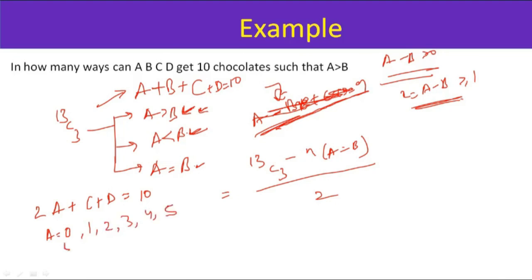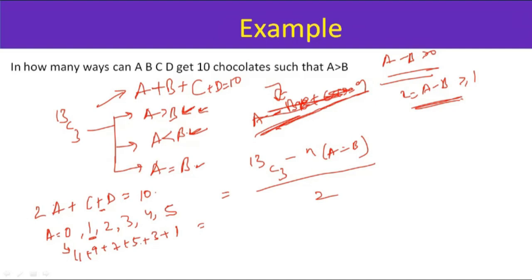Now individually, when A is 0, C plus D equals 10, the answer is 10 plus 1, 11C1, so it is 11 only. Similarly, when A is 1, this is 10 minus 2, 8, 8 plus 1, 9. Similarly, it is 11 plus 9, then 7, 5, 3, and 1.